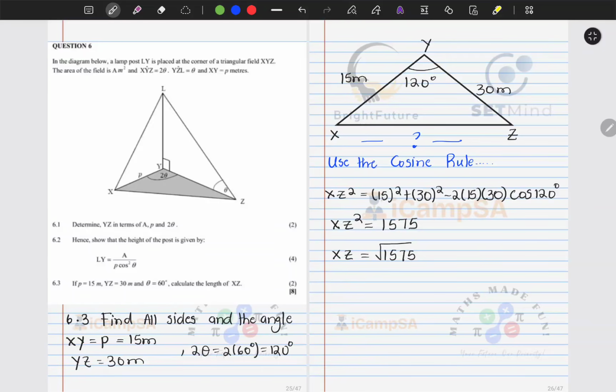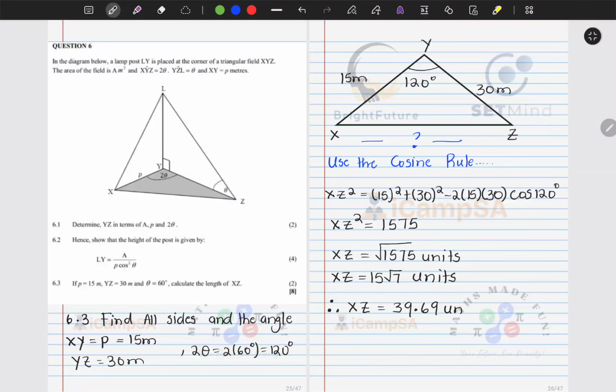So I know that my xz will just be square root of this 1575. So square root of answer. And what we end up getting, this is units, we end up getting our xz as 15 square root 7 units, which we can round off to 2 decimal places. So let's see, we end up getting our xz to be 39.69.